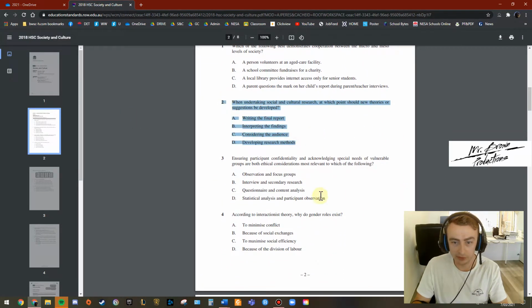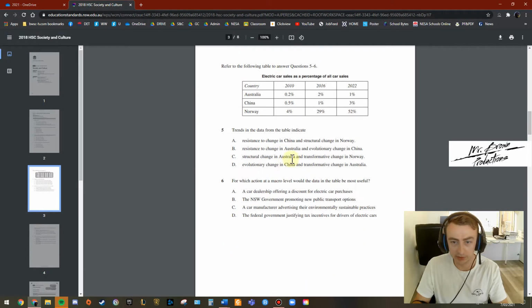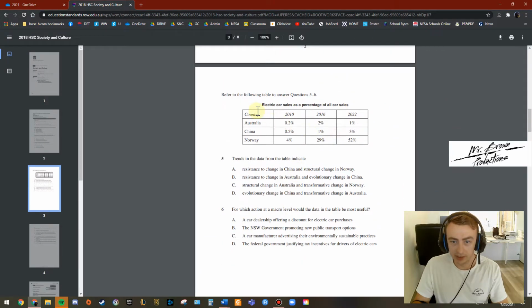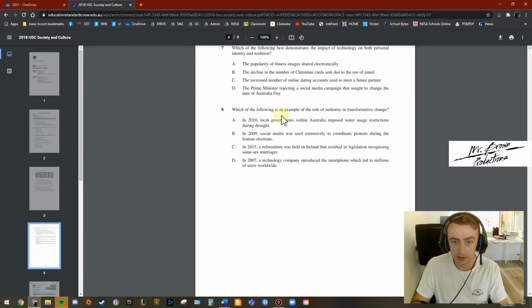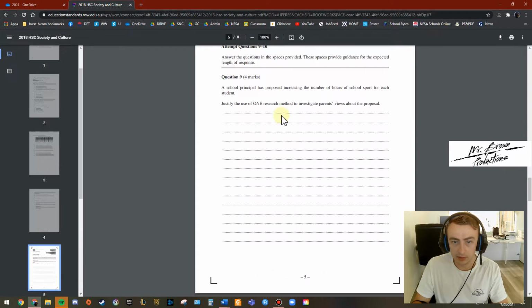Again, look, research. You have to analyze statistics there. Boom, short answer question: a school principal has proposed increasing the number of hours of sport for each student. Justify one research method to investigate parents' views. So you get given a scenario and then you have to apply a research methodology to it.